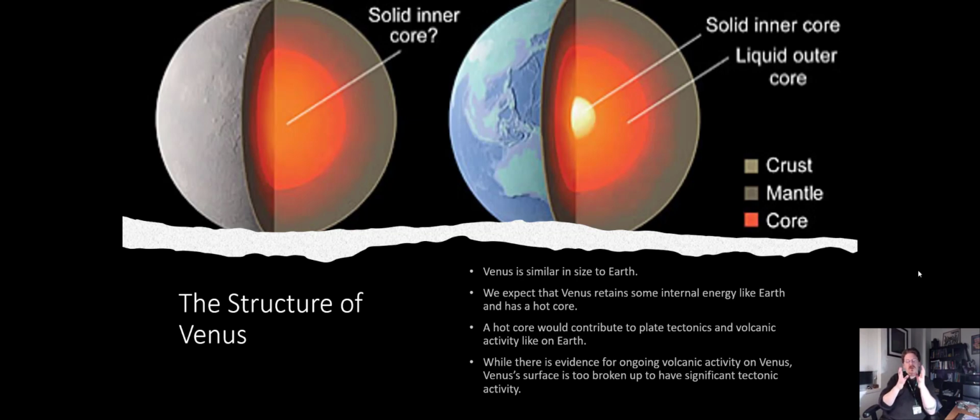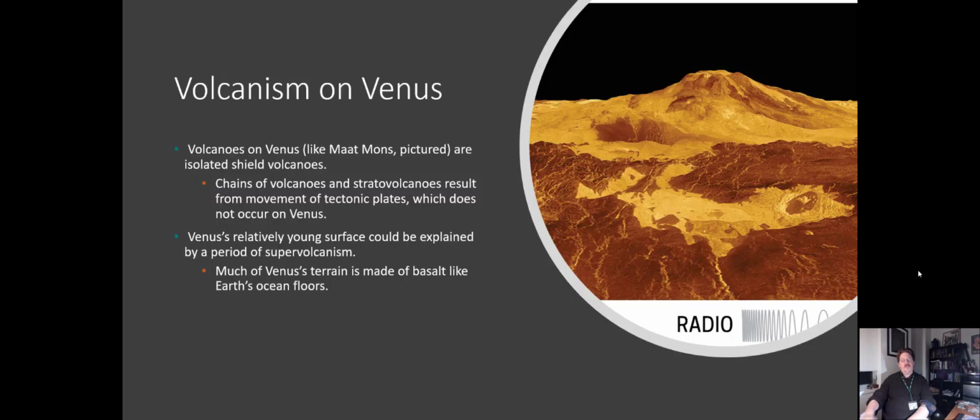But because Venus is roughly the same size as the Earth, we do expect it to have retained a similar amount of heat during its formation. And as I've said, it is a geologically active world.